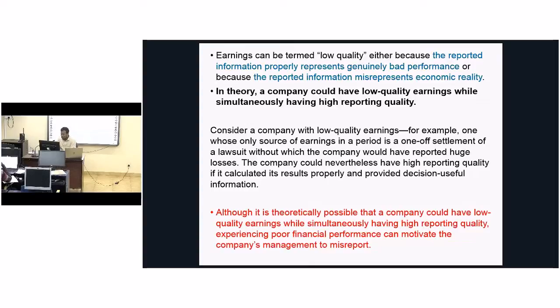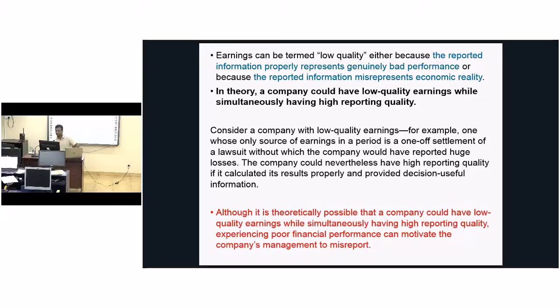Earnings can be termed low quality, look at the first point there, either because the reported information properly represents genuinely bad performance, or because the reported information misrepresents economic reality.